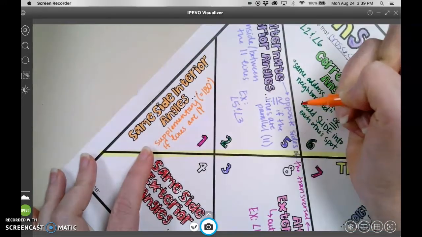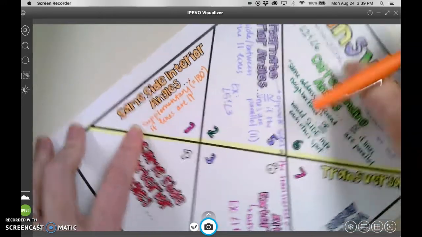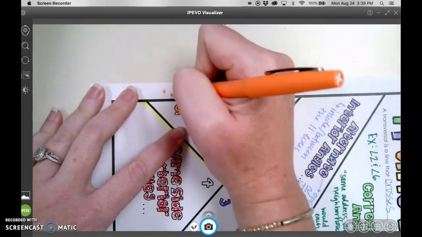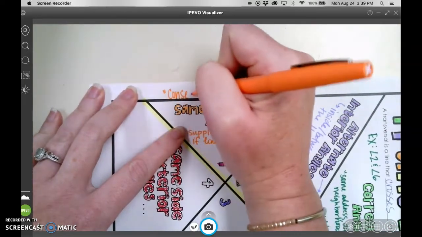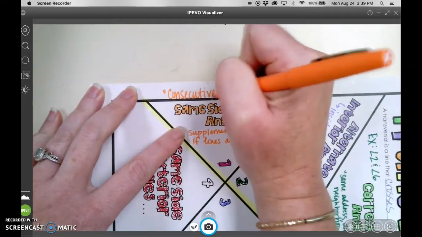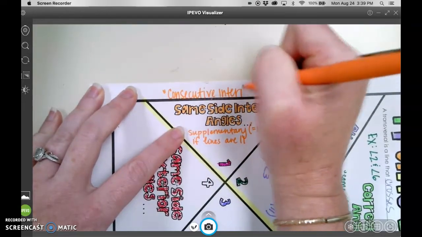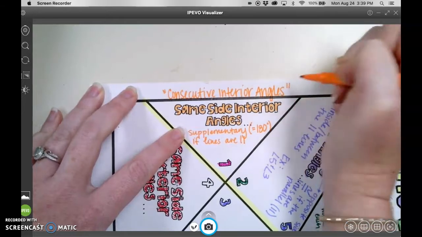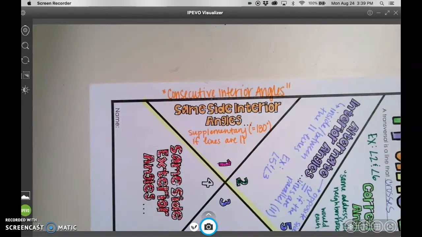Another name that you might see for same side interior is consecutive interior angles. They mean the exact same thing.